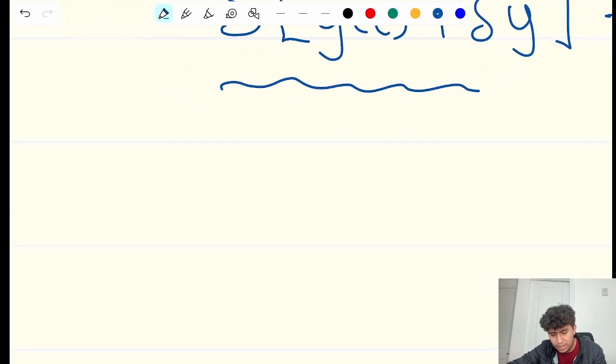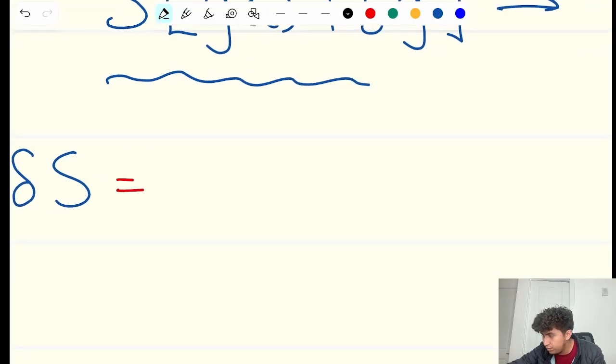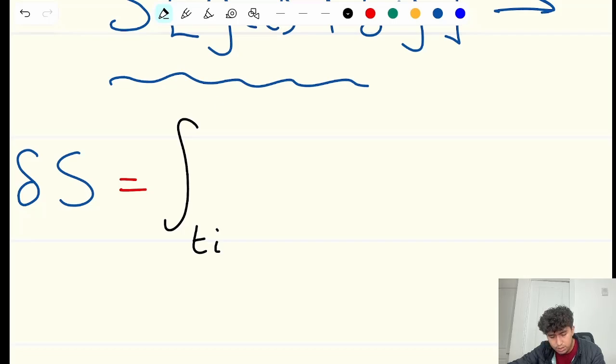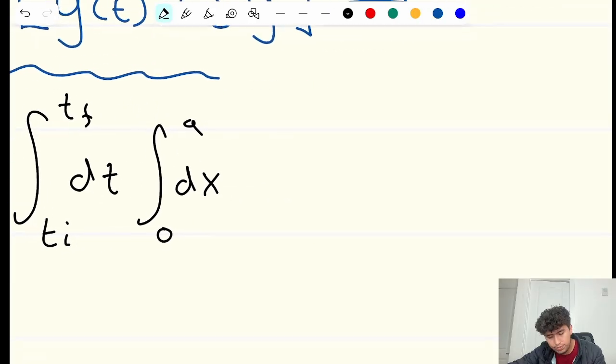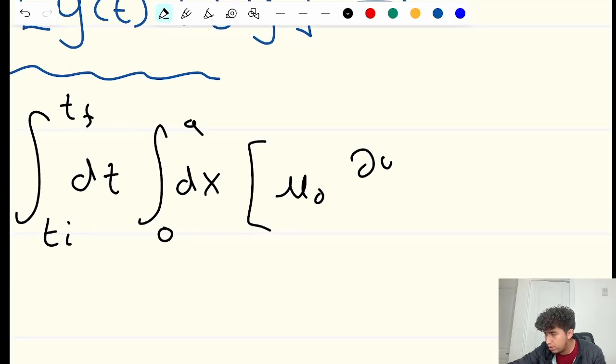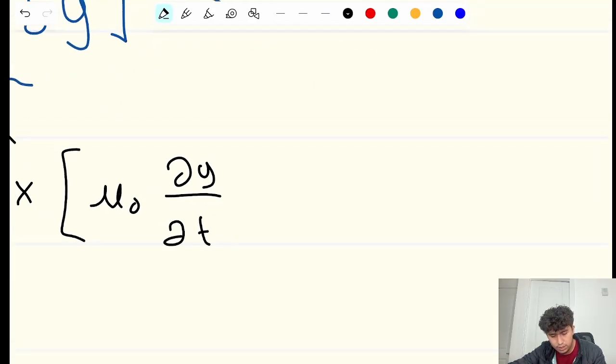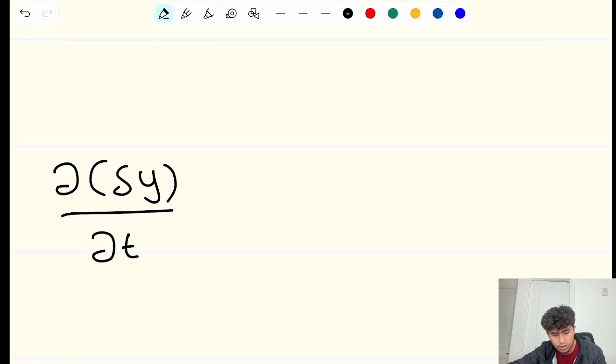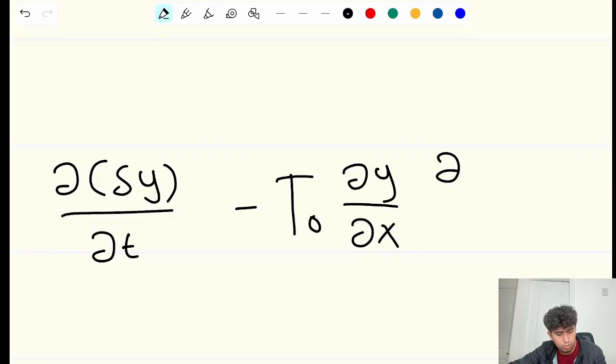And from there you can get the variation. So I'm just gonna write what is the variation. So the variation is gonna be this. Then there's a partial, there's a delta y, it's a t, minus t naught, y, x, delta y, delta x.